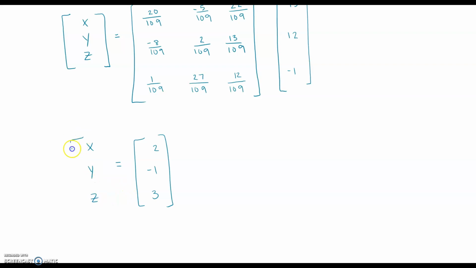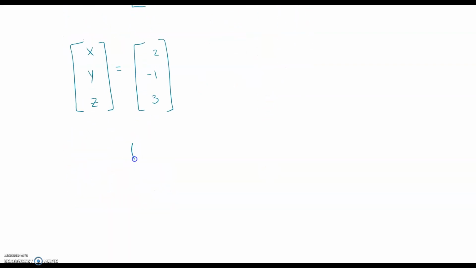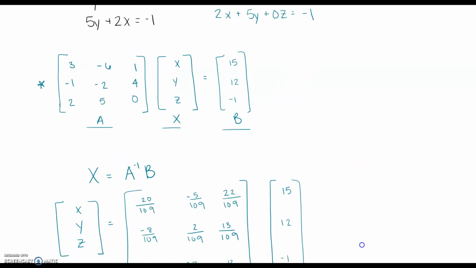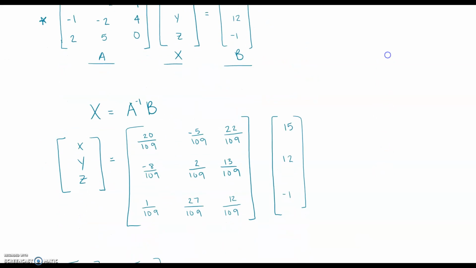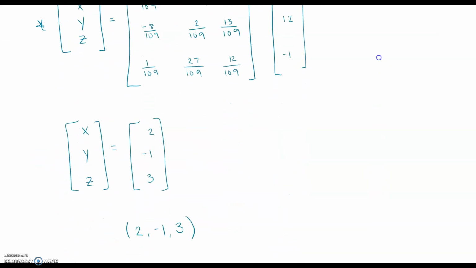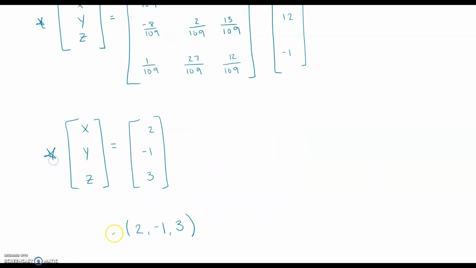So that means my x value is 2, my y value is -1, and my z value is +3. So we're going to write it as a point, which is 3-dimensional because there's 3 variables. And that is it. All of this work that I have shown is required, minus the rearranging, although you'd be really silly to not show that. It's easy to mess up if you're not showing it, so why not?